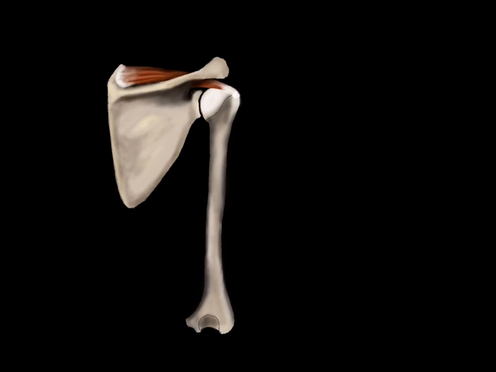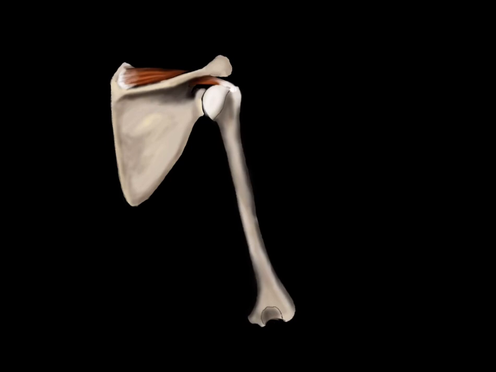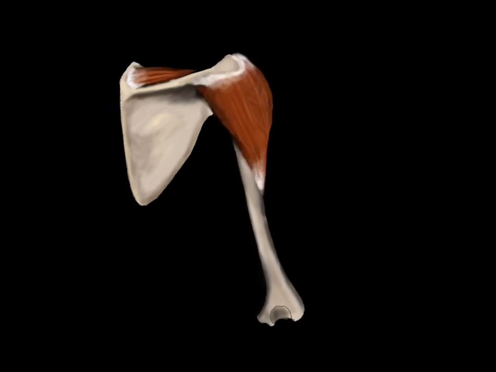So let us see it contracting like this. When it contracts, it can abduct the humerus, but only up to about 15-degree abduction is possible. After that, the abduction is taken over by the deltoid muscle. When the humerus is not abducted, it is in the perpendicular position, and the deltoid cannot act on it because its long axis is also longitudinal.